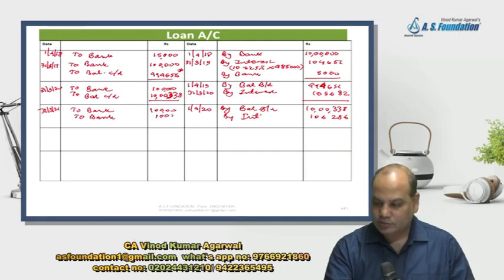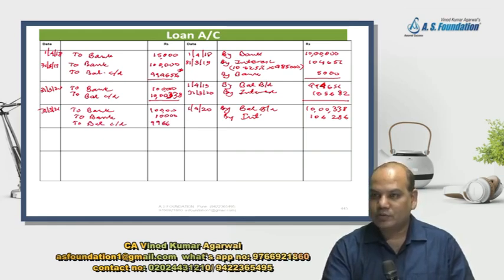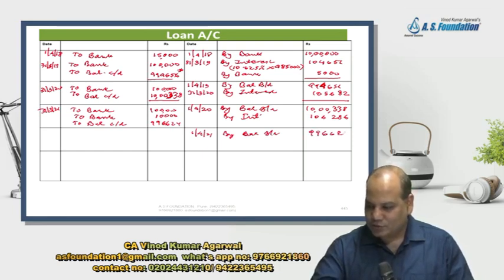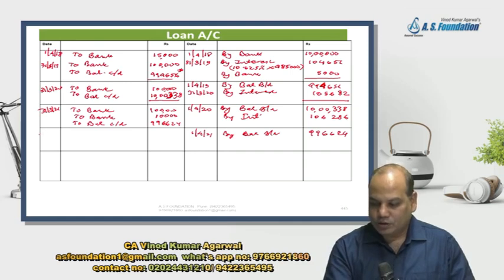Is it 10,000? And balance carried down 996624. Balance brought down 996624, and 31st March 2022 to bank.